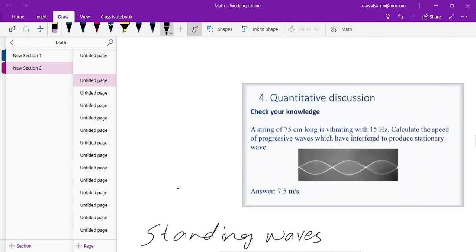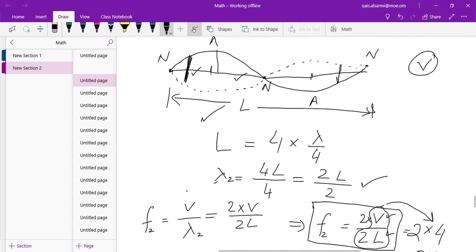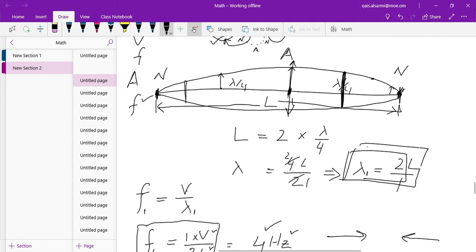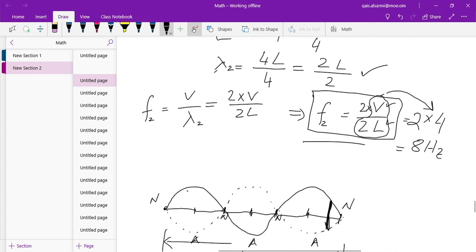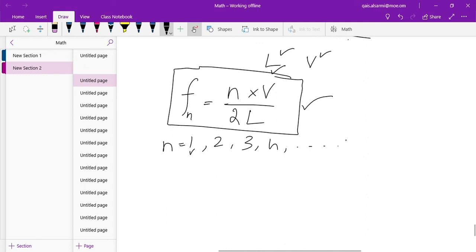Now if I go down to the fundamental equation for the frequency, we know that the frequency Fn equals n V over 2L.